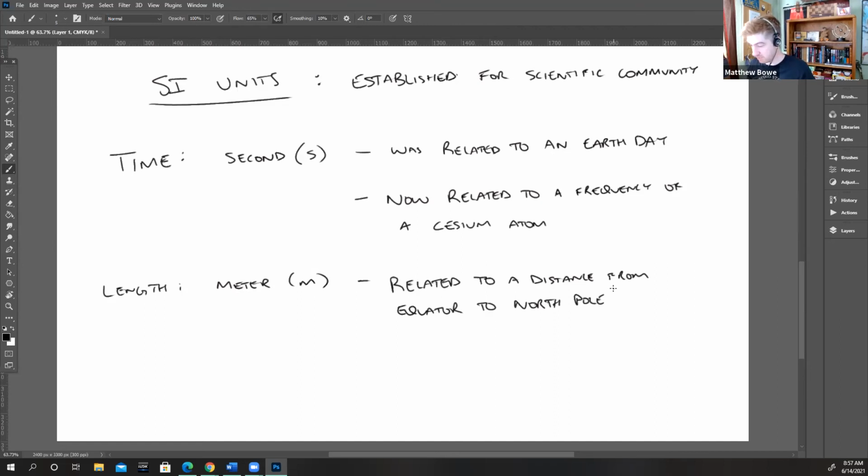It's very difficult. So in order to make it more permanent and more stable, it's now related to a distance that light travels in a specific amount of time.